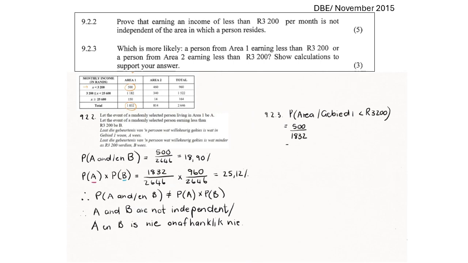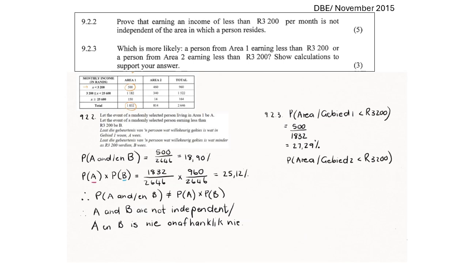So the probability is then 500 divided by 1,832, and that gives a percentage of 27.29%. Then we determine the probability that an Area 2 person earns less than 3,200 rands.